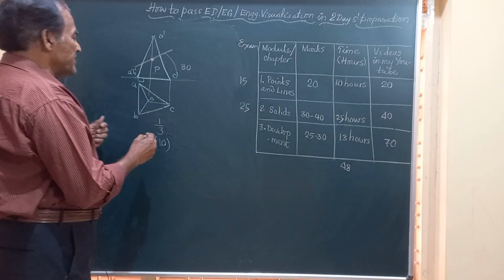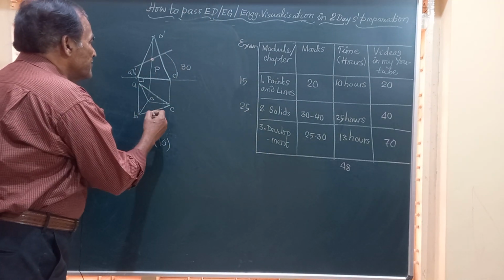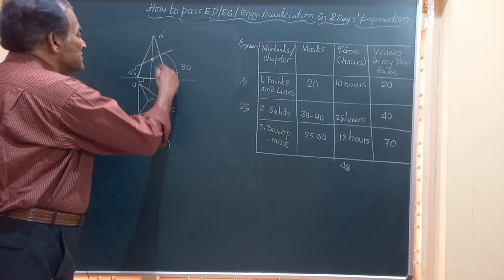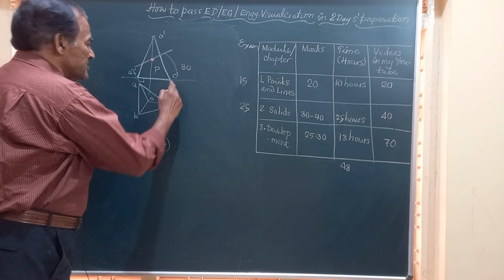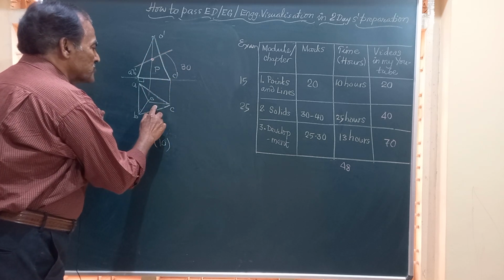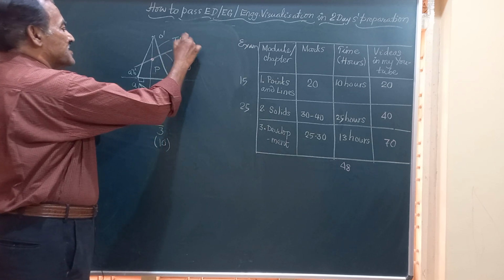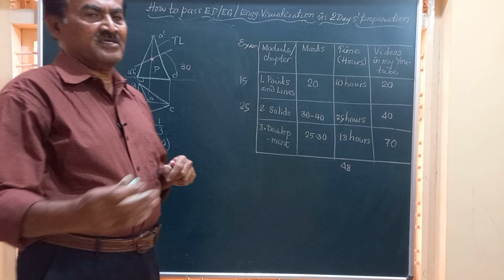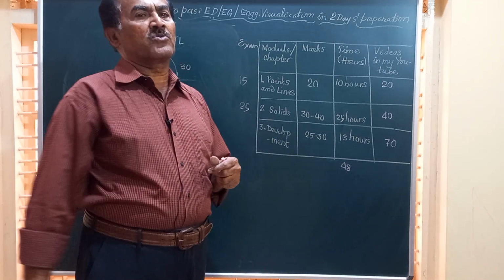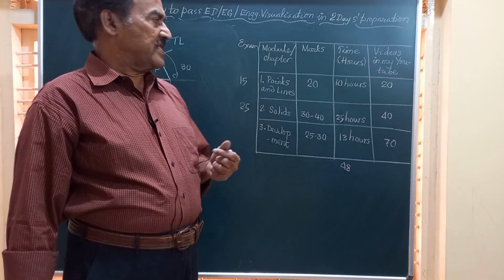So in this case, friends, if you observe the front view, this OC is one of the slant edges. That OC in the top view is parallel to VP, and this will give you true length. So if it is in some other position, you should know how to calculate the true length of that.